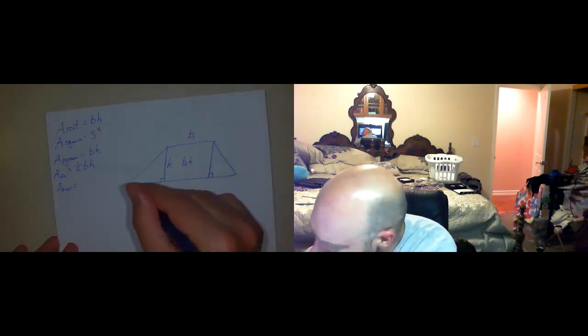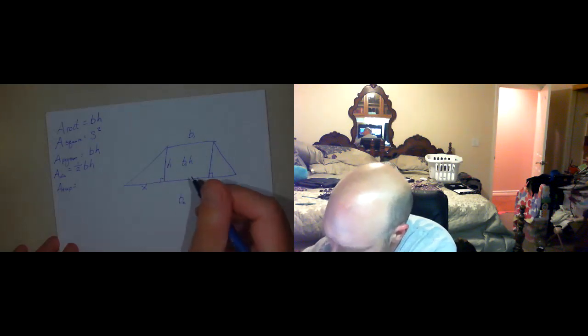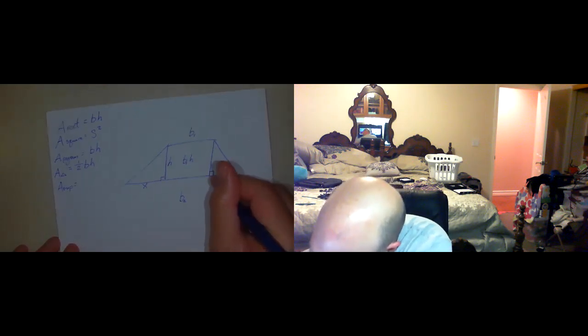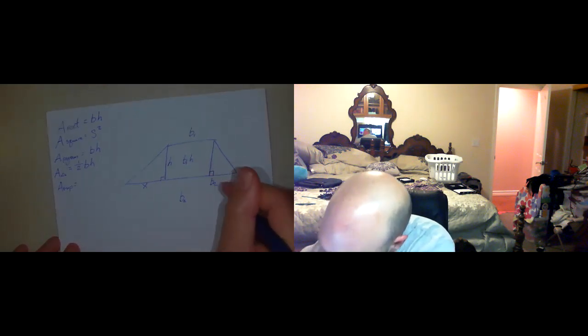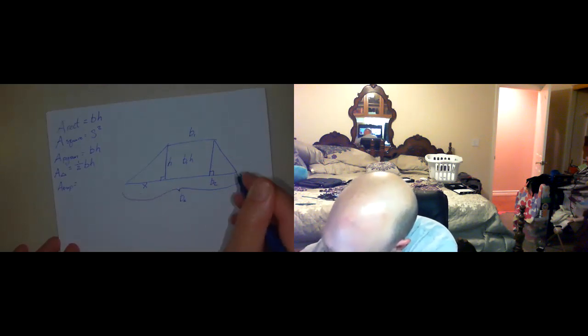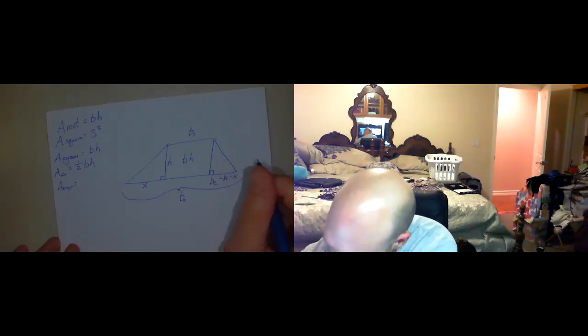And I don't know what this length is, and it doesn't really matter. We can call it x for a moment. And since this is base 1 again, I could say that this is the whole thing, base 2. Remember, the base 2 is the whole thing, minus base 1, and also minus x.